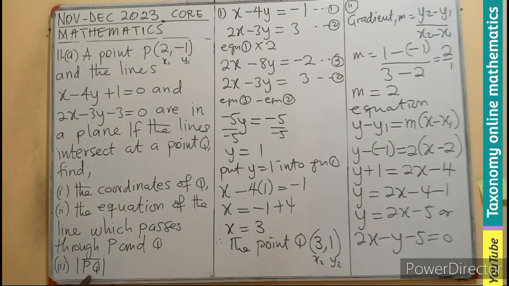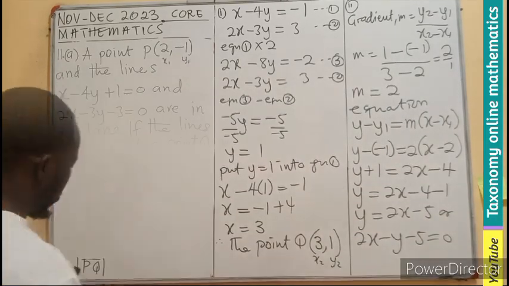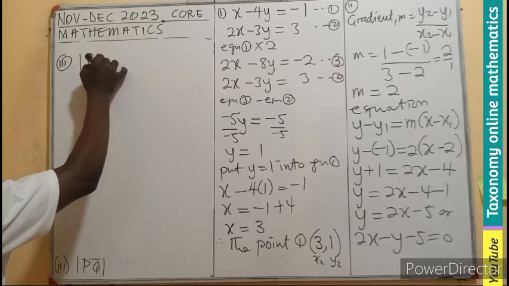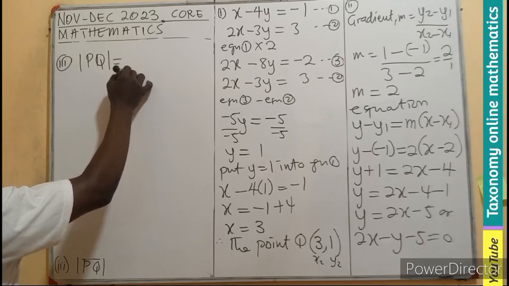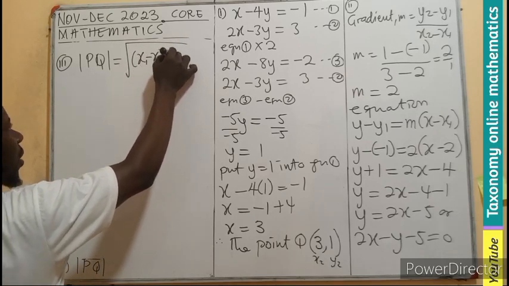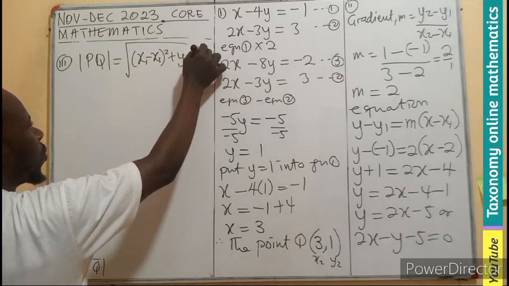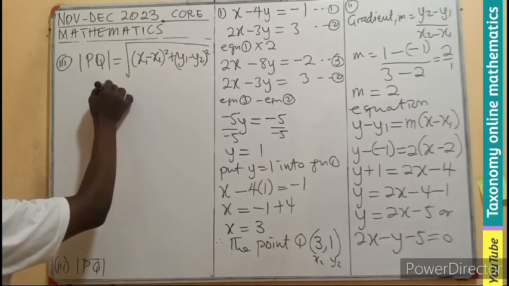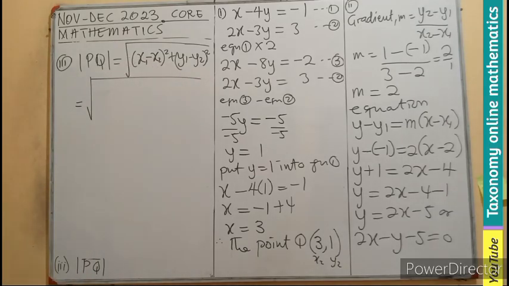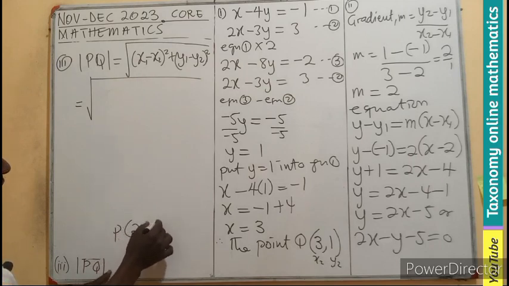The last thing is to find the magnitude of the points P and Q. Recall that the magnitude of PQ is the root of (x1 minus x2) squared plus (y1 minus y2) squared. Don't forget, P is (2, -1) and Q is (3, 1).